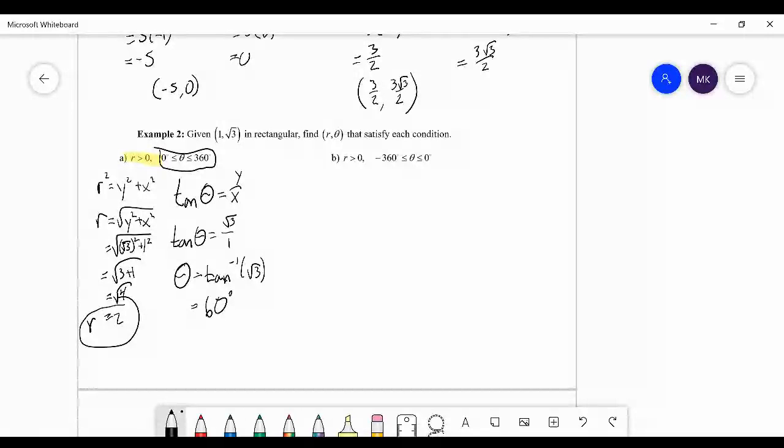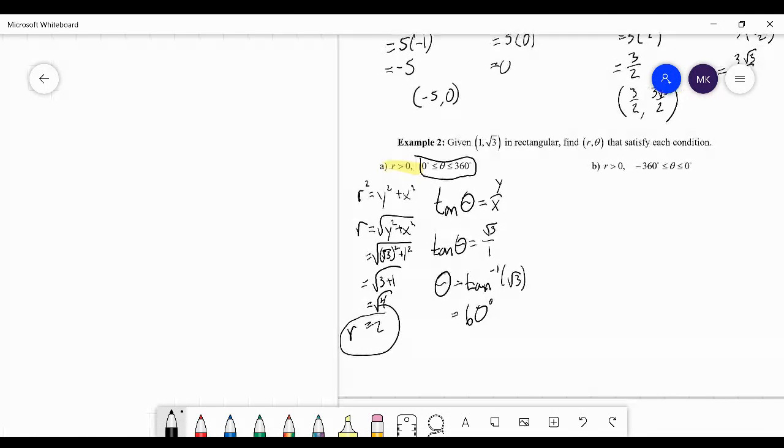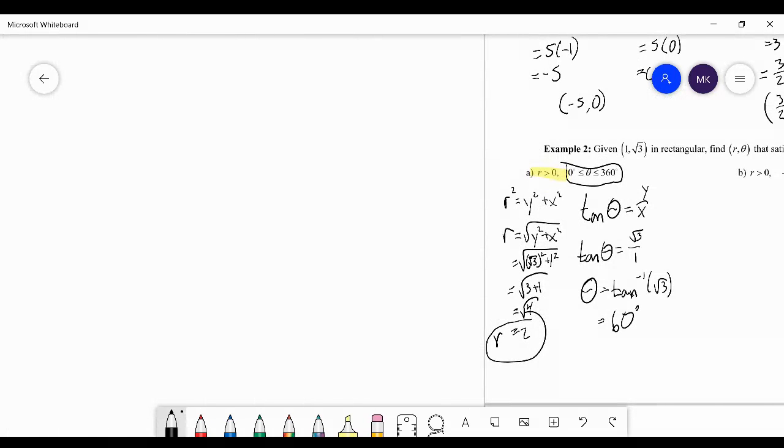If our tangent had been negative, recalling back, negative pi over 2 is less than inverse tangent of x is less than pi over 2. What that's saying is that inverse tangent gives us an angle over here.